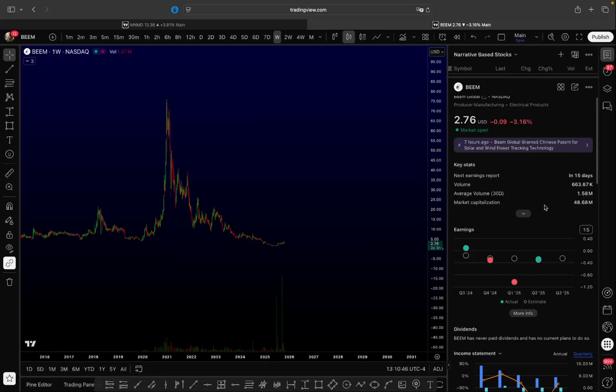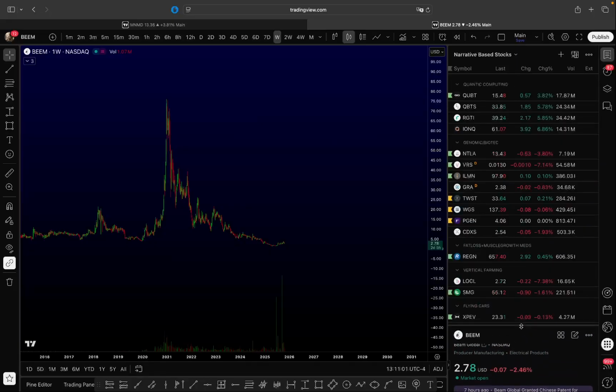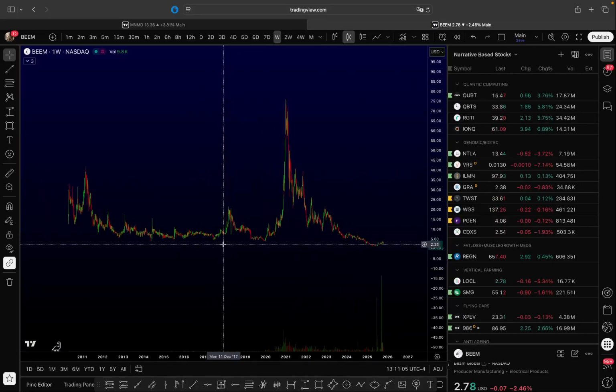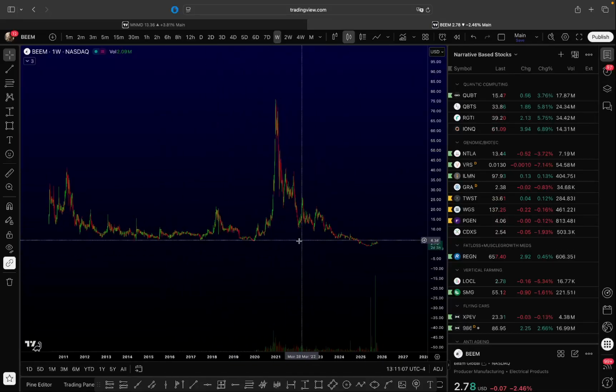So it's actually below my threshold. I would like to see at least 30 million in dollars. If it's 20, 25, that's all right, but 30 million is usually my threshold to define if I want to trade a stock. So this would probably remove it from my interest list.